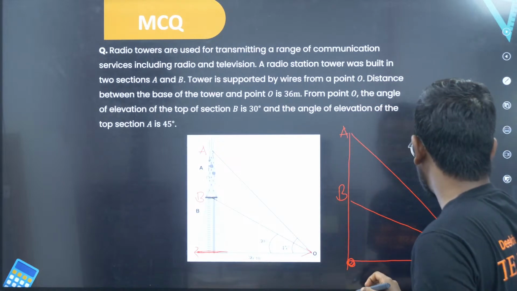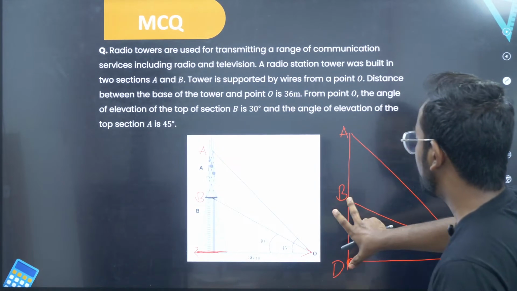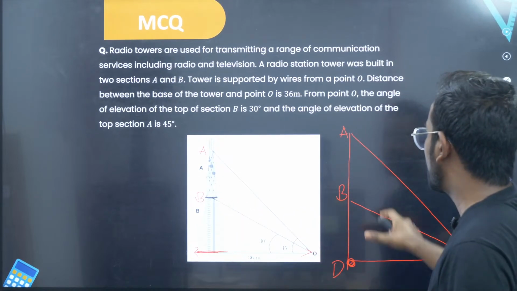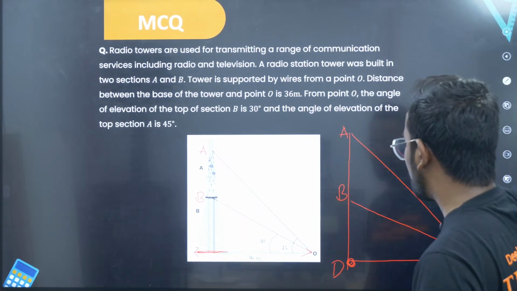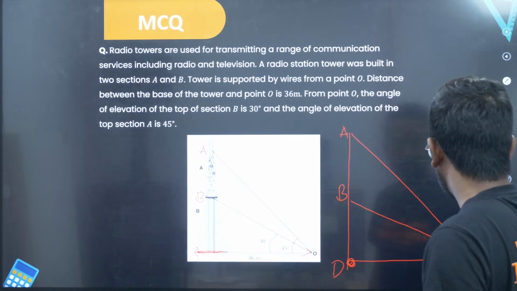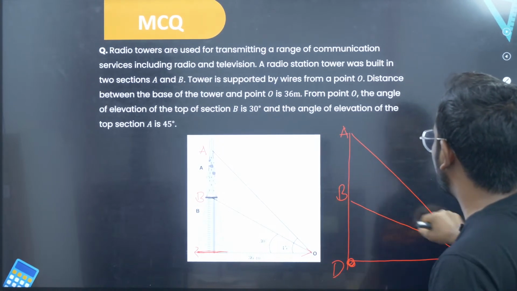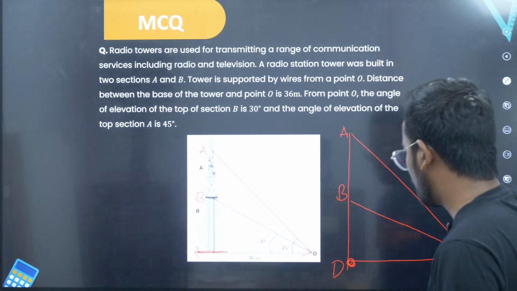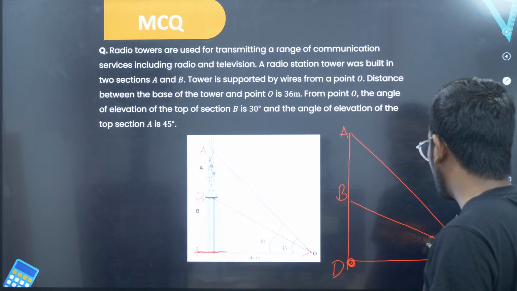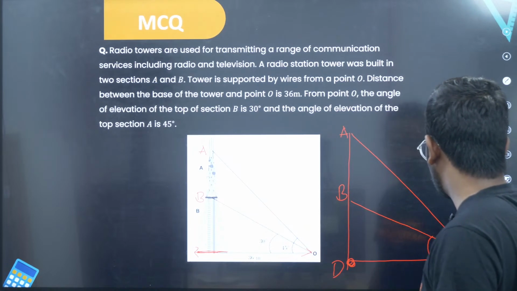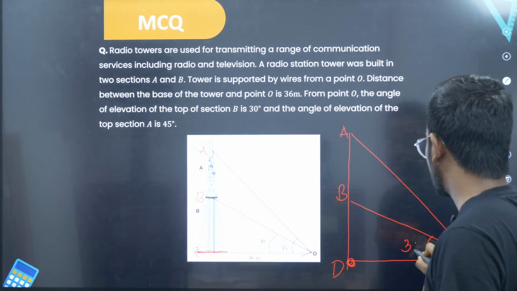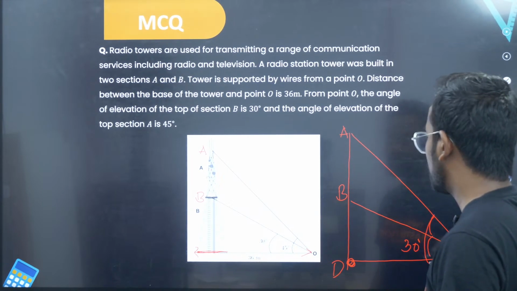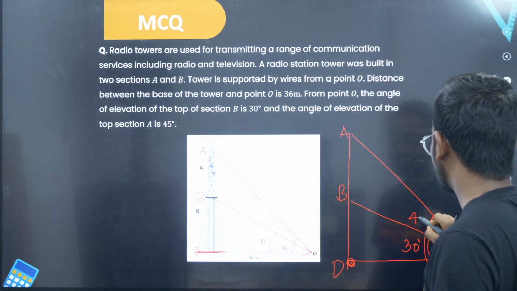So let me take this as some D. DB is the first stage from base to B, and the second stage is AB, and both of those tower sections are being supported by the ground poles, or there is a wire drawn from B to O and A to O that will support your radio tower. They have mentioned the angle of elevation from O to B to be 30 degrees and the angle of elevation from O to A, the whole thing, to be 45 degrees.